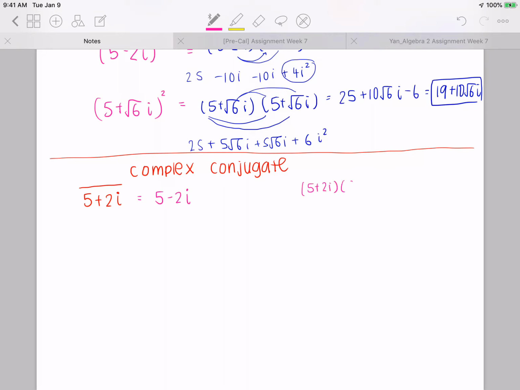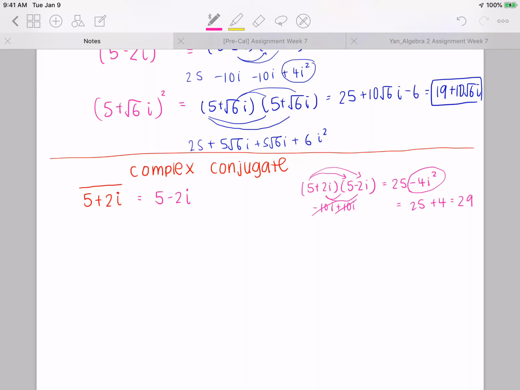5 plus 2i times 5 minus 2i. When I multiply this together, 5 times 5 is 25. And the middle terms, negative 10i and positive 10i, they cross out, right? And my last one would be negative 4i squared, and then negative 4i squared becomes a plus 4. So it'll be 29.